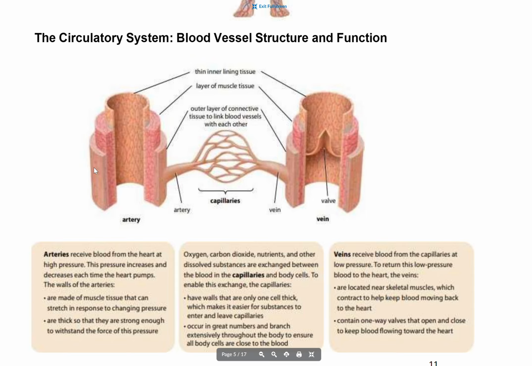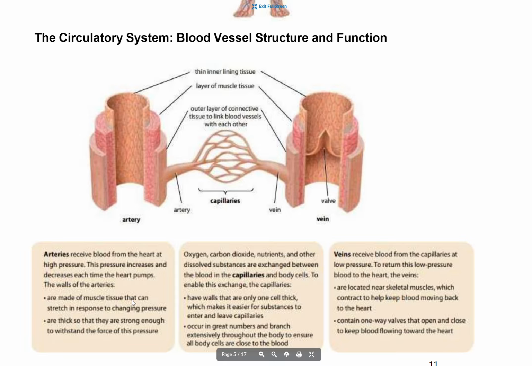So let's just take a look at arteries, okay? Why do they have the structure that they have? So arteries receive blood from the heart at high pressure. This pressure increases and decreases each time the heart pumps. So arteries have to be able to carry high pressure blood and low pressure blood.